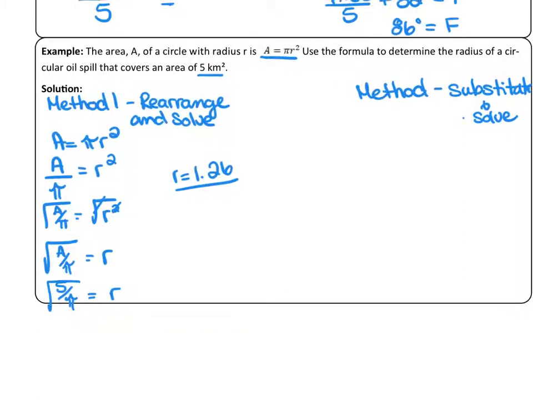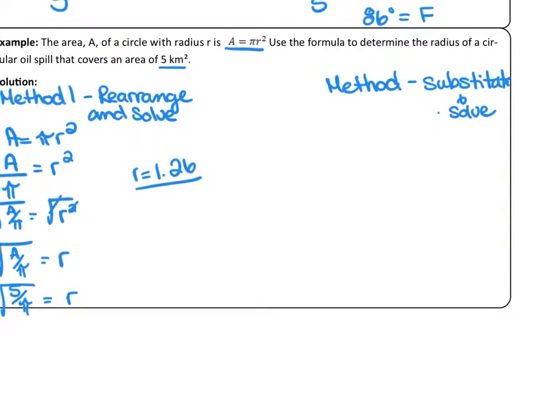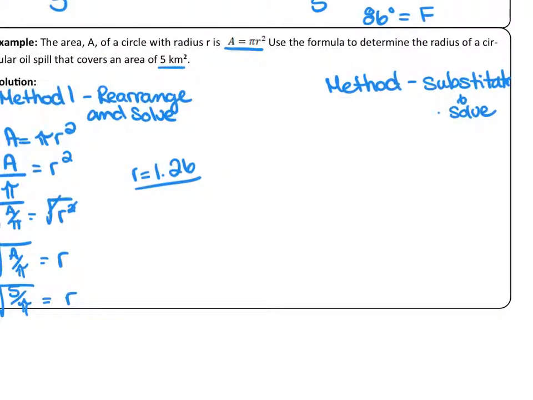The second method, some people like to use this one instead, is we're going to substitute and then we're going to solve. So this requires, we're just going to use the formula as it is, pi r squared, and then we're going to substitute the 5 in, pi r squared.